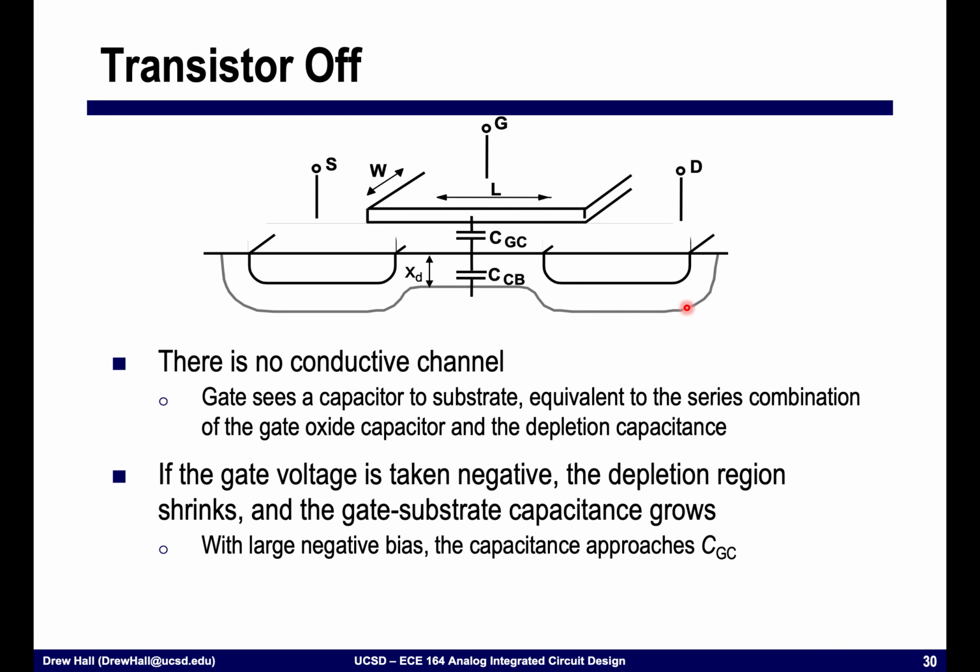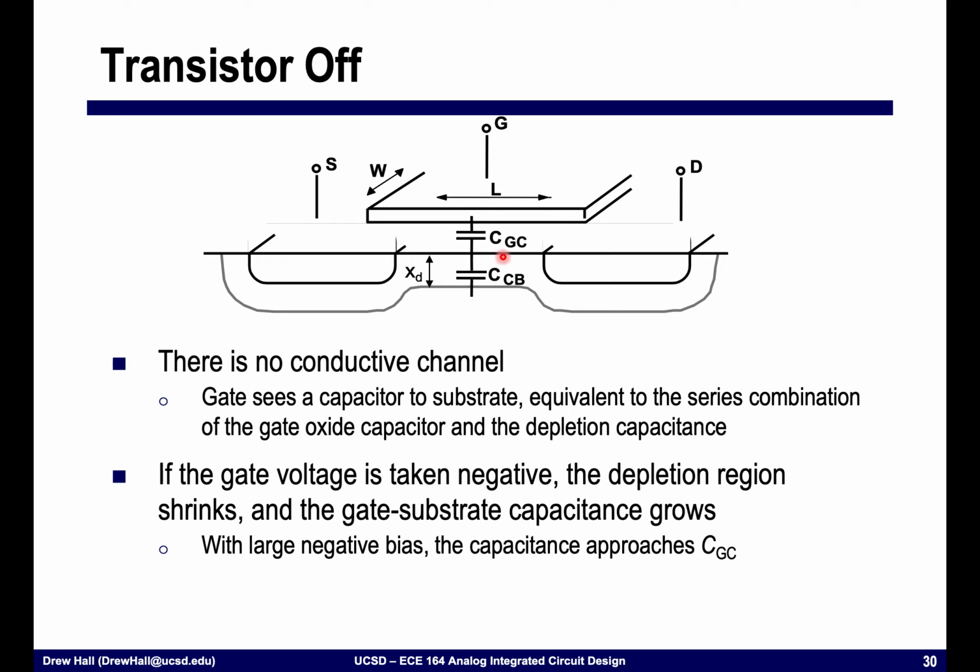All right, now for completeness, let's think about what happens when the transistor is off. When the transistor is off, I have not formed an inversion layer here, and so I have no conductive channel like we saw previously. Now what I see is effectively two capacitors in series: the gate to channel capacitance, and the channel to body capacitance, without this kind of conductive shield protecting it in the middle.